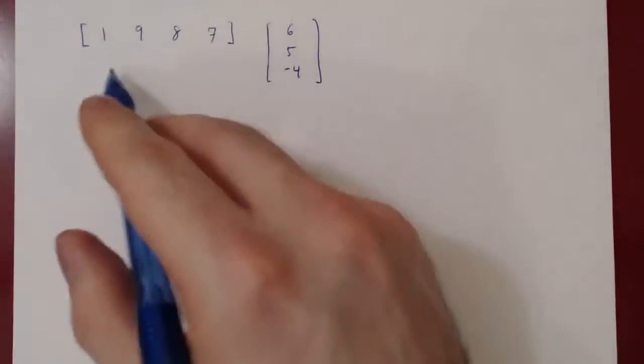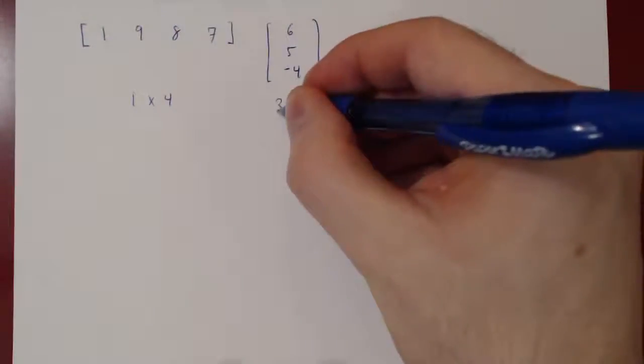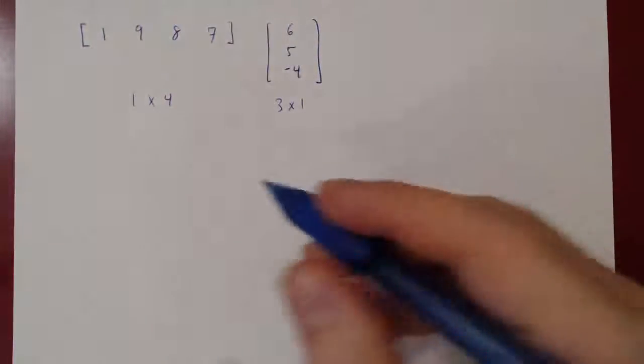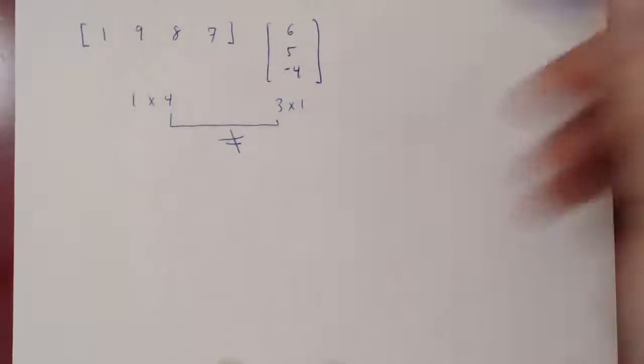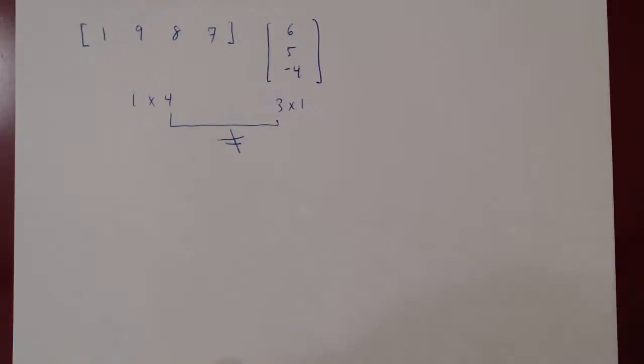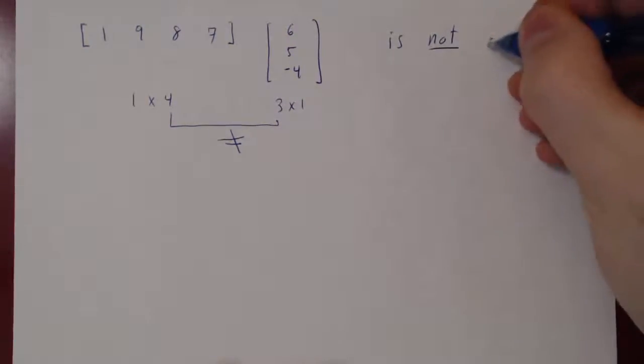Well, if you look, this is a 1 by 4 matrix, 1 row, 4 columns. This is a 3 by 1 matrix, 3 rows, 1 column. And as you can see, 4 is not equal to 3. And so the product is undefined, or simply not defined.